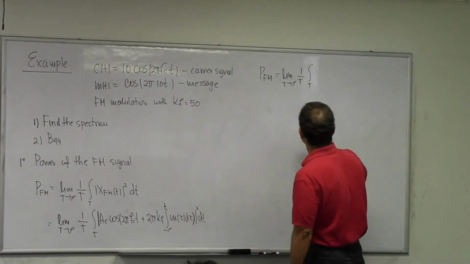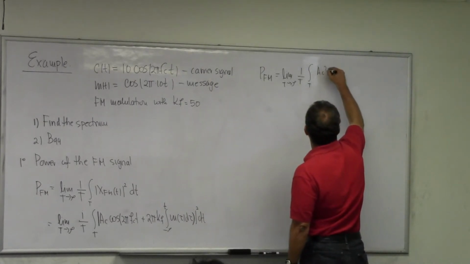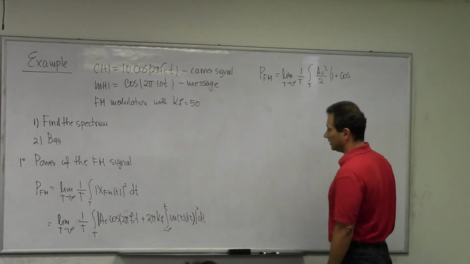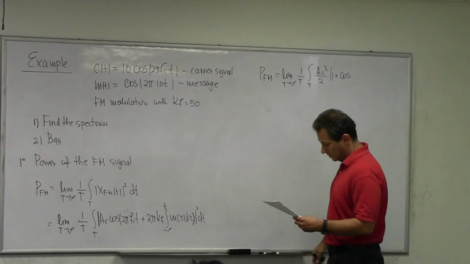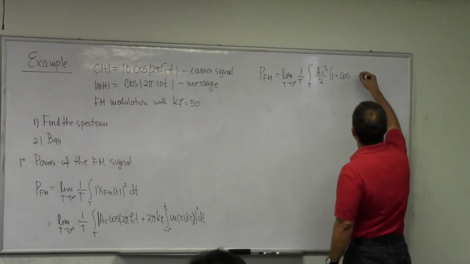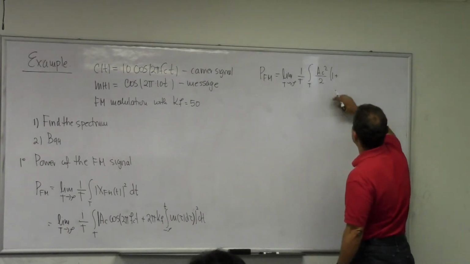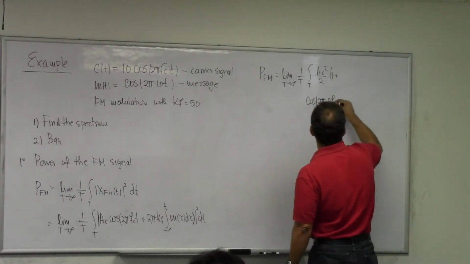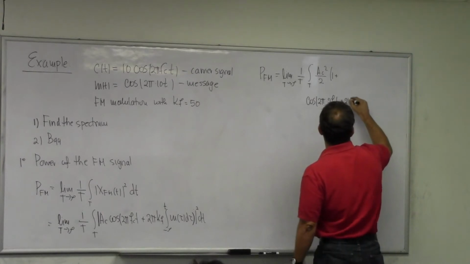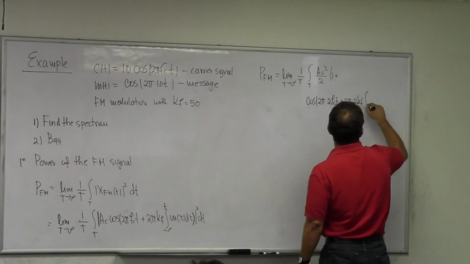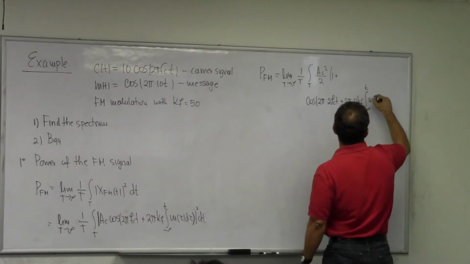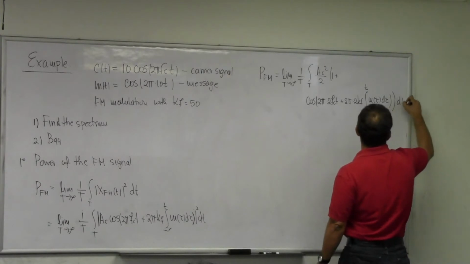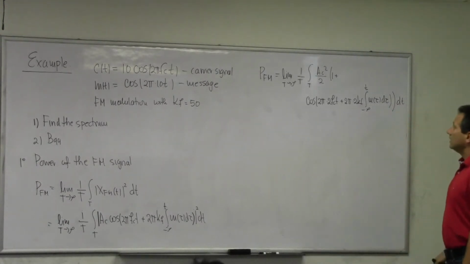So I have Ac squared over 2, and then 1 plus cosine of the double angle here, right? 1 plus cosine of 2 pi times 2 fc t plus 2 pi times 2 kf, integral from minus infinity to t, m of tau d tau, close. And then everything dt. That's the whole expression.